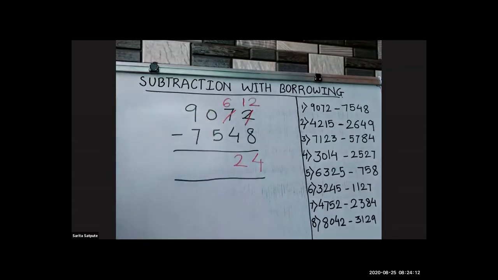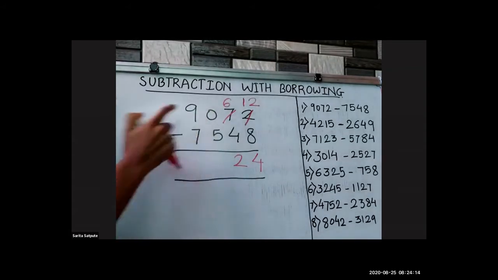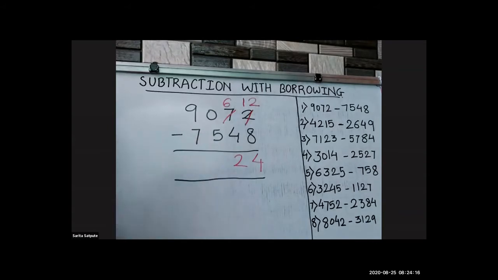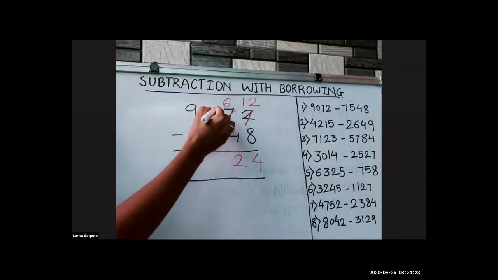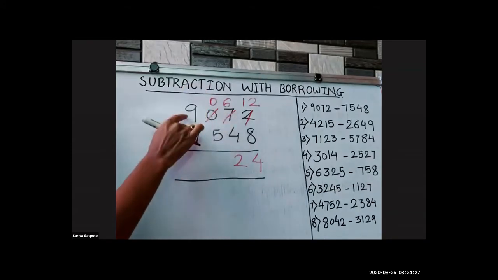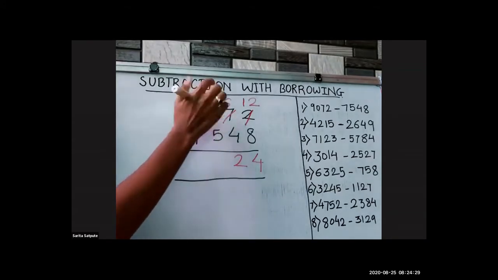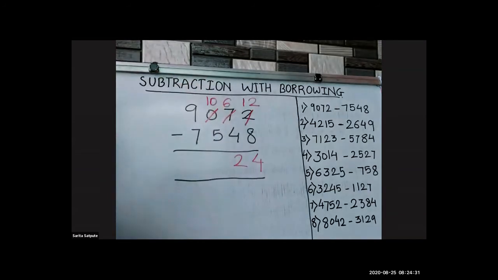Now here, you cannot subtract 5 from 0. So now what will you do? You will borrow one number from 9. So cut this, right here 0. 9 will give one number to 0 and it will become 10.